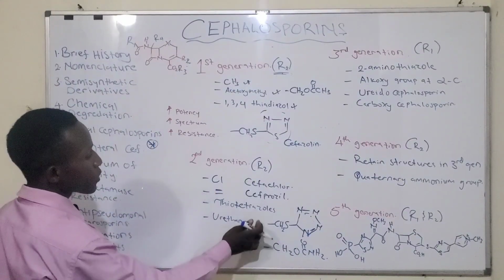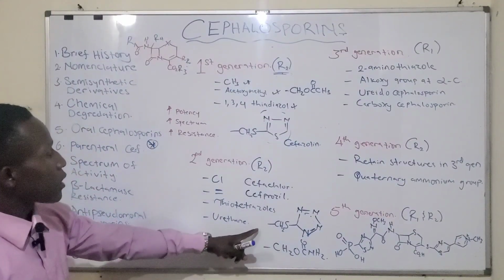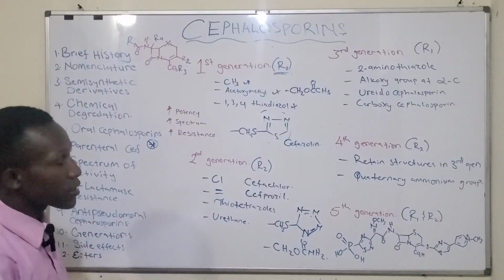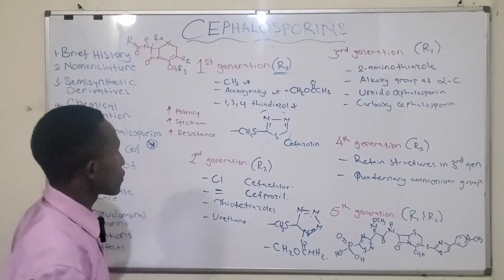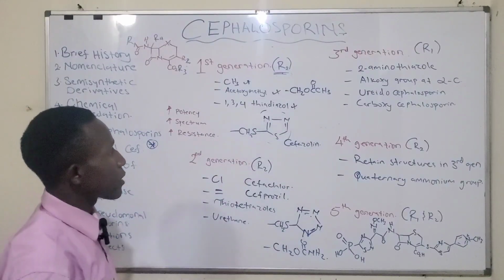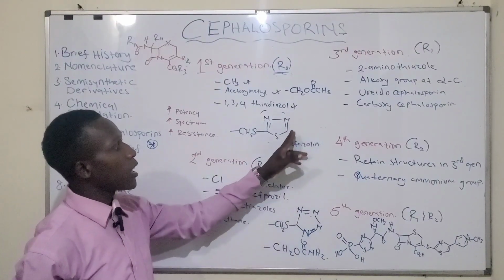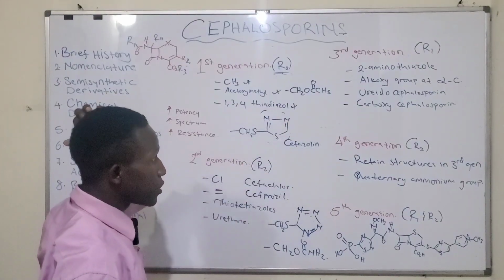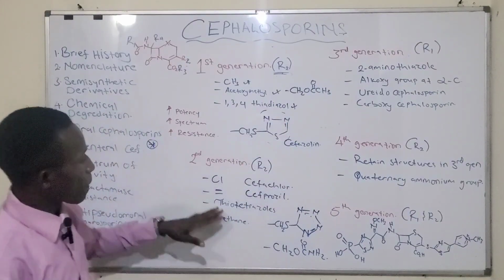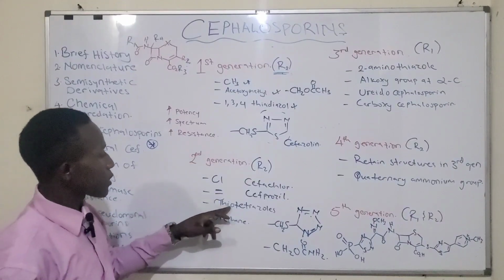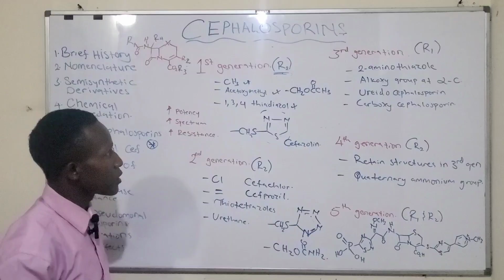So they are increasing the penetration of that drug and resistance to the acidity of the stomach, because those leaving groups are cleaved by acid. So in second generation, we have chlorine, we have a double bond, thiotetrazole and urethane.